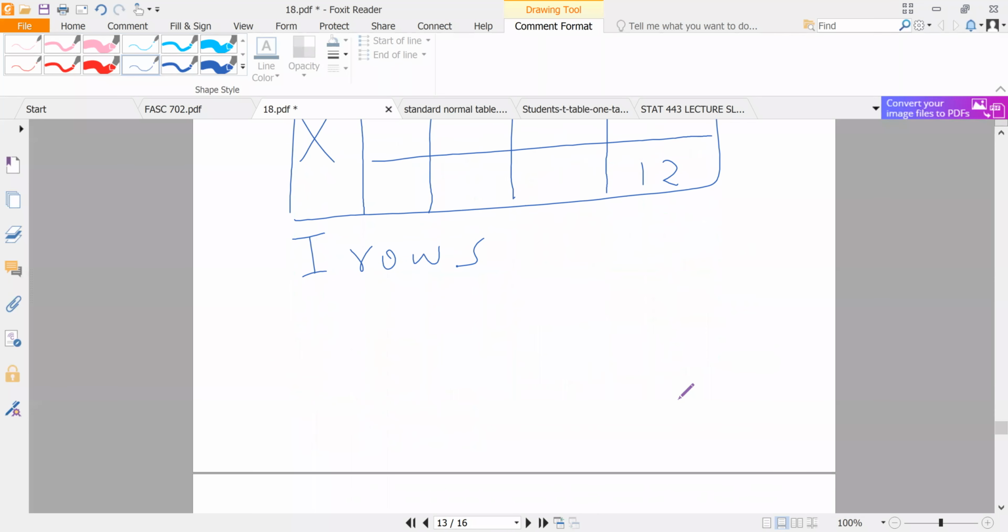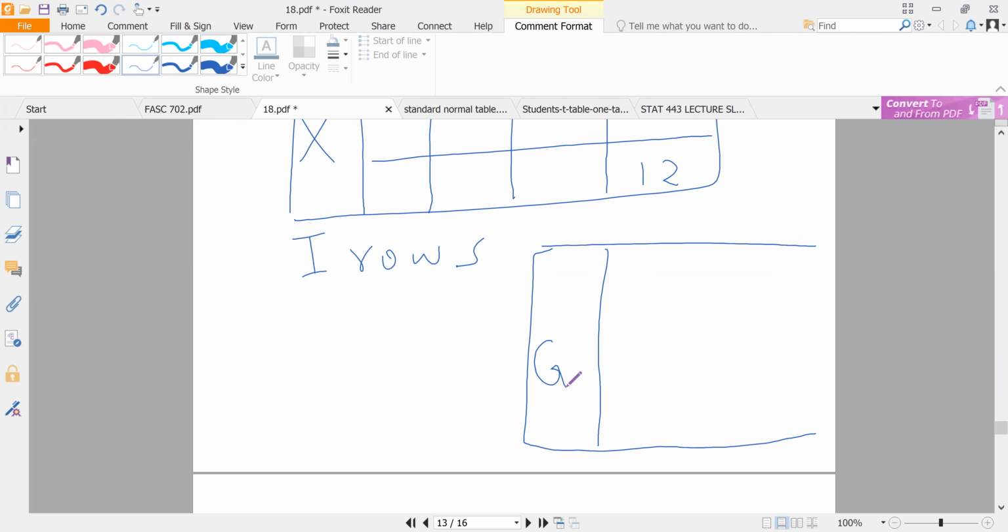Now, let's suppose that in our table, we have a variable gender. Let's denote it by G. And you also have another variable on health status.